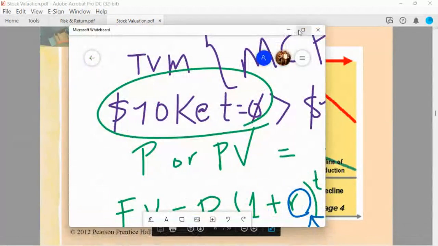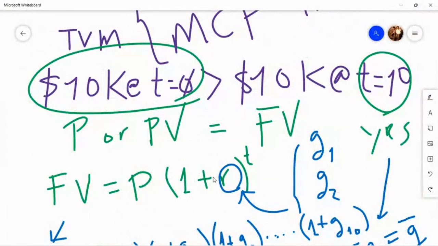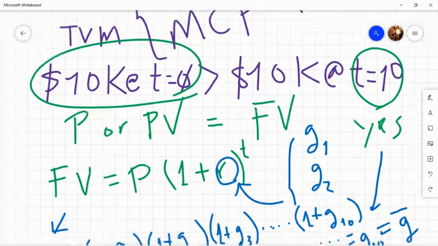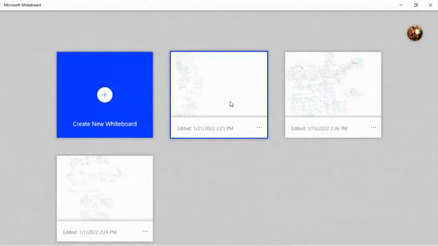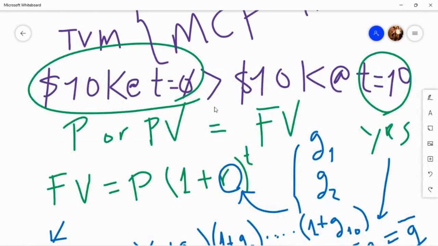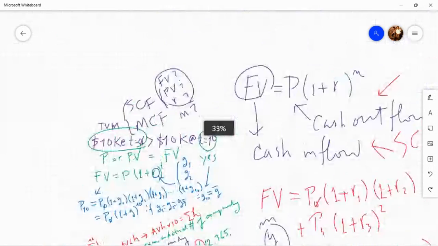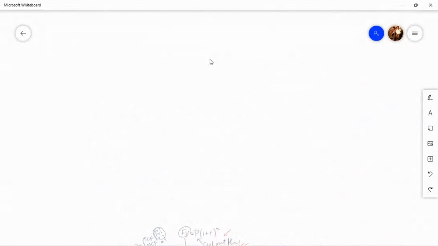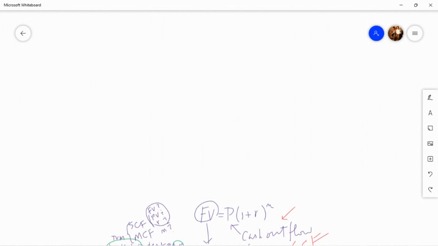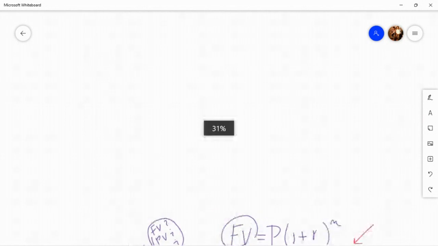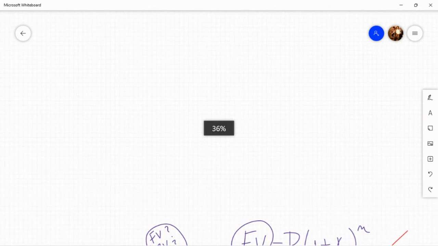I explained the difference previously. Previously, I talked about the difference between different types of growth patterns.